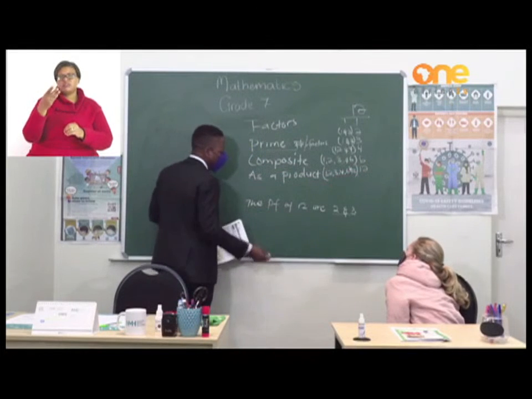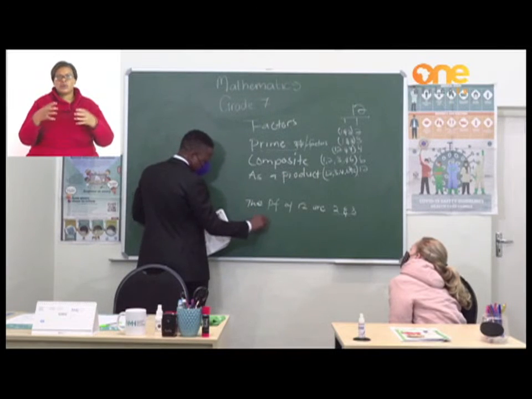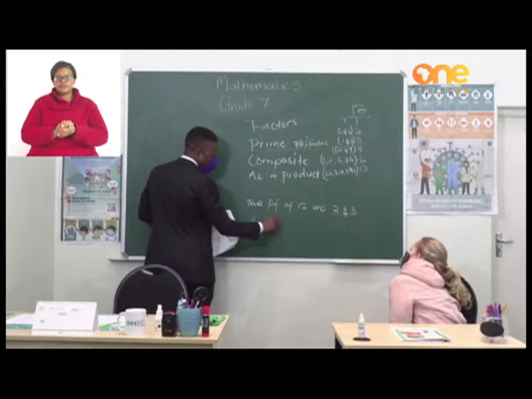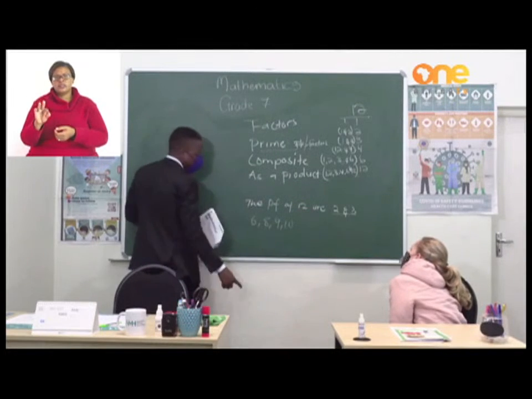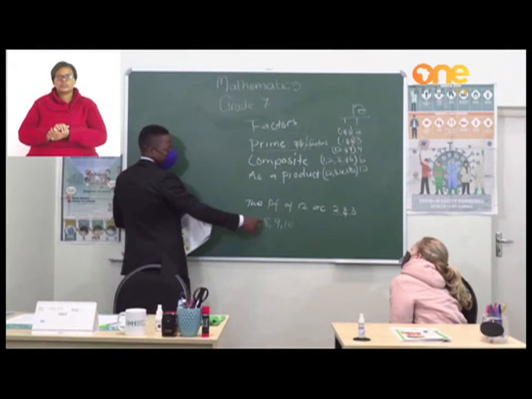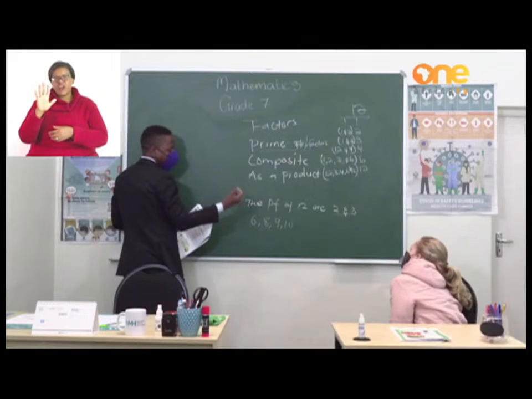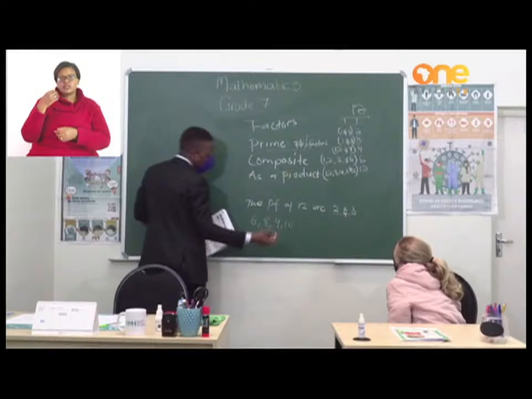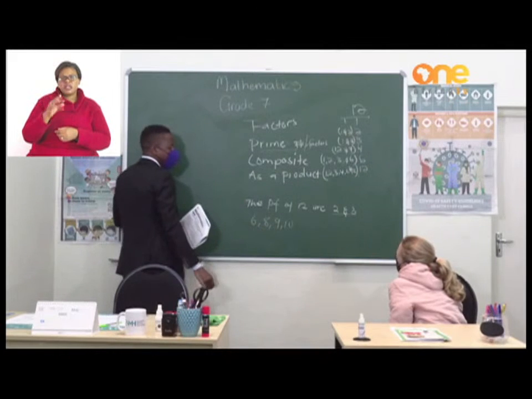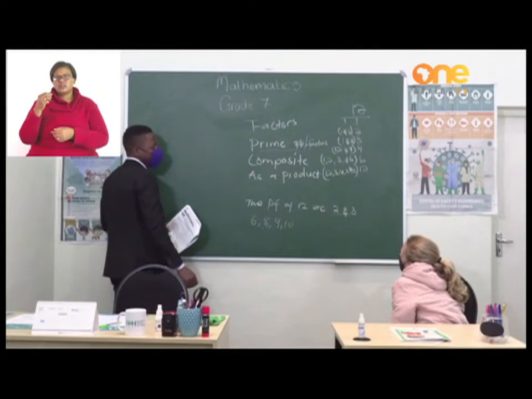Other composite numbers we can talk about, apart from 6, are 8, 9, 10, and so on. Because 6 is having all these factors. 8 is having factors 1, 2, 4, and 8. 9 is having 1, 3, and 9. And 10 is having 1, 2, 5, and 10.